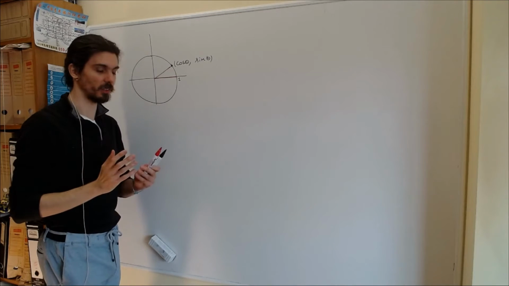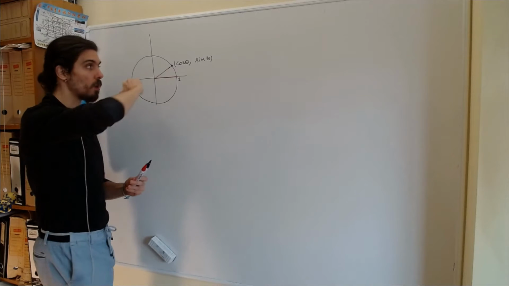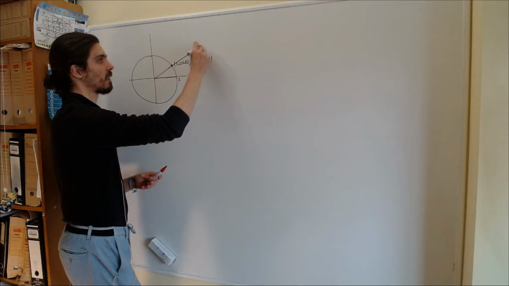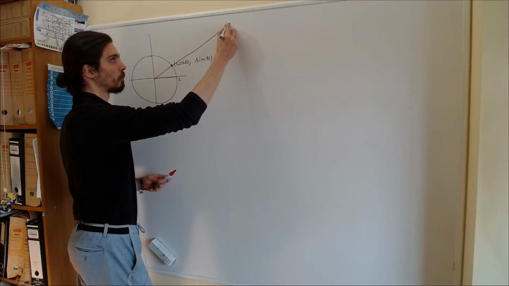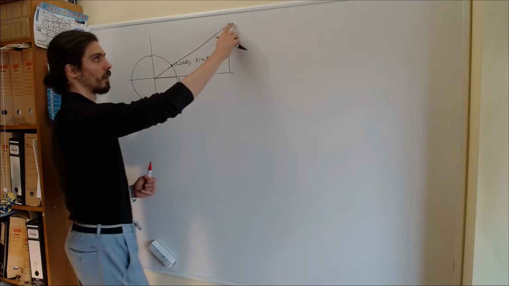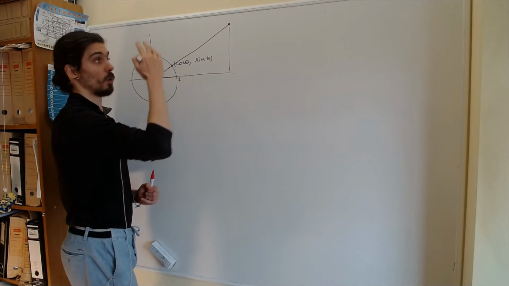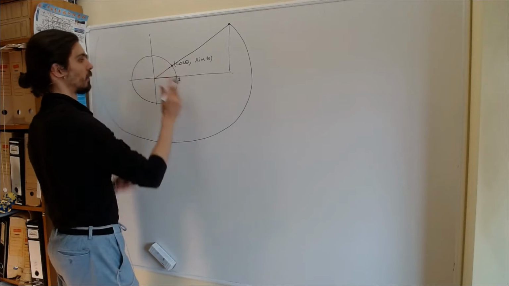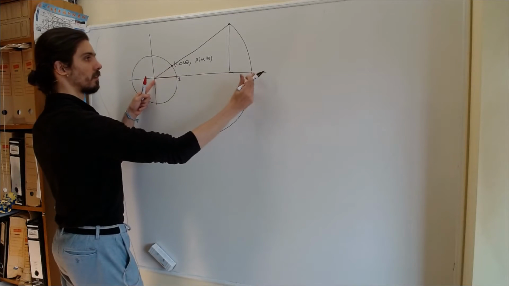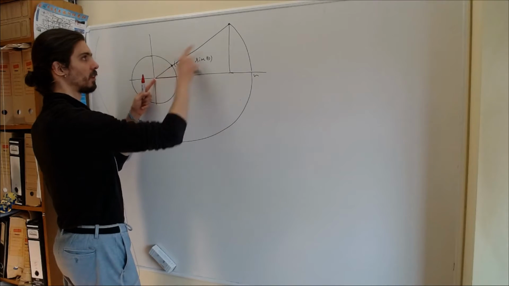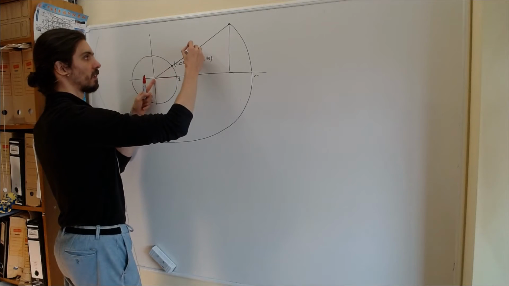It's a definition. Now, if you prolong this line and you mark this point, it belongs to a circle of radius r. So from here to here, it's r. The length from the origin up to this point is r.